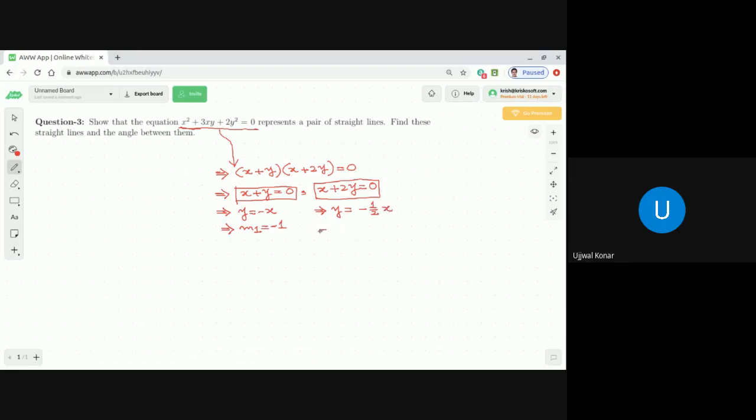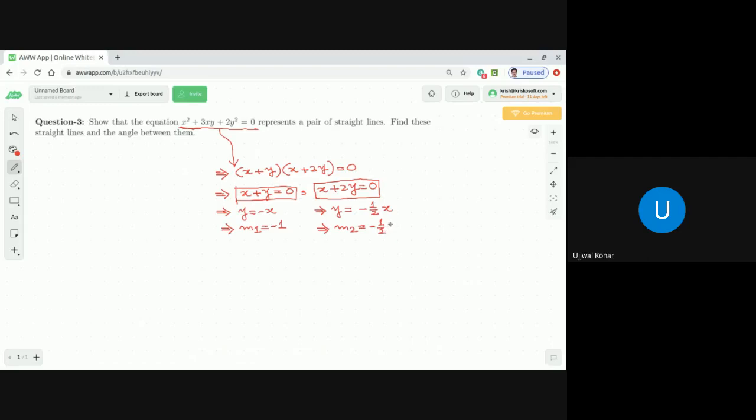So if M2 denotes the slope of the second straight line, then M2 is equal to minus half.